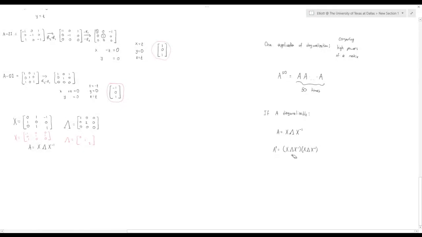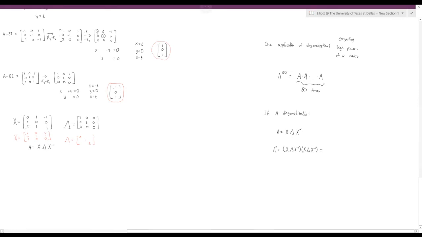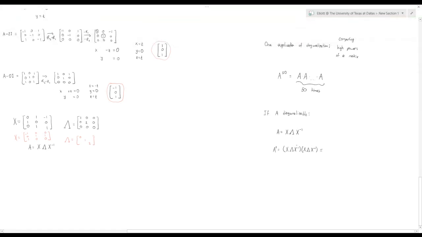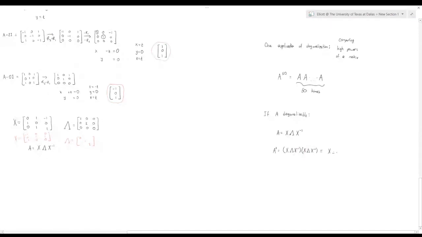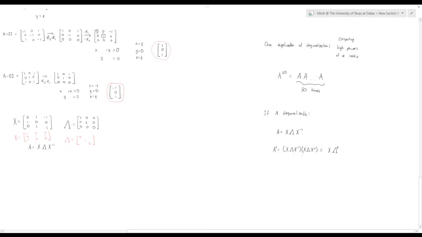So here we have A squared, it's A times A. You'll notice that in the middle, this X inverse will actually cancel out with this X. So that's going to leave you with X times Lambda squared in the middle, and then times X inverse at the end, okay?